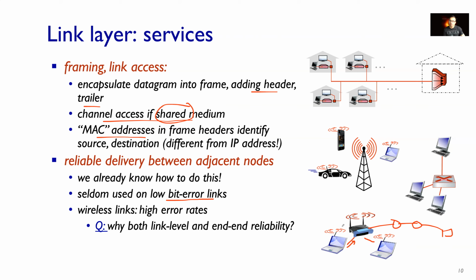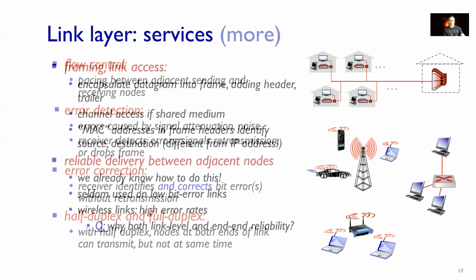So a faster way to recover from those errors is to allow the link layer to actually do the retransmissions if errors are detected here, right? So that way we can react to errors much faster, knowing that the likelihood of errors is high. So that's the reason this functionality could be repeated on wireless links, but it doesn't make sense to do that on wired links given the reduced chance of errors.